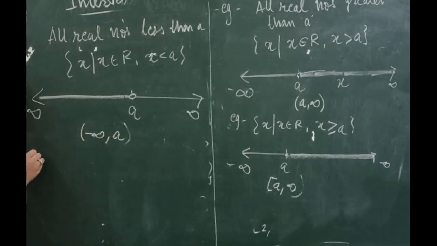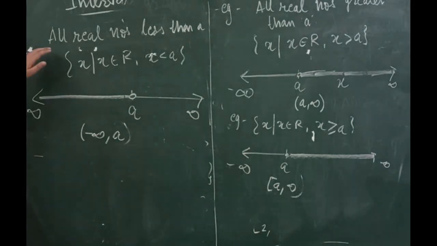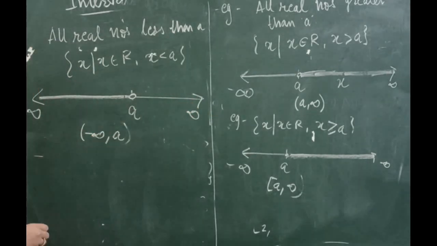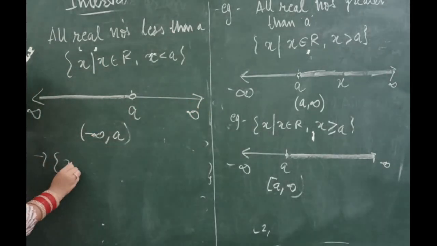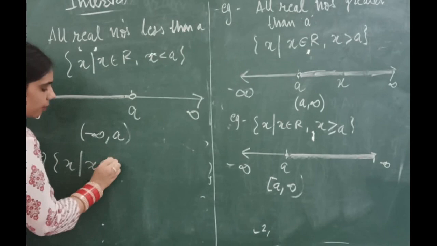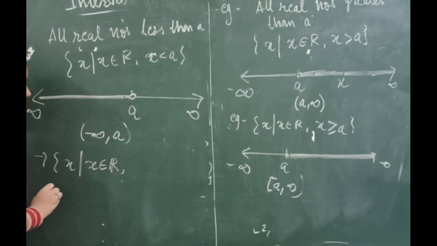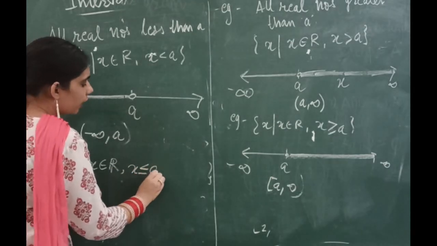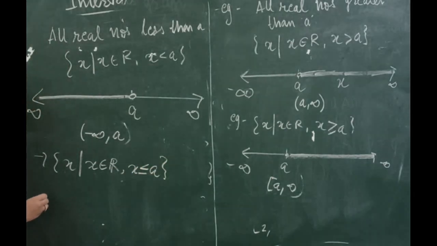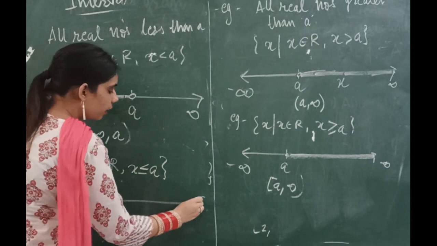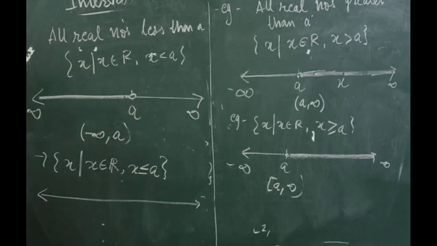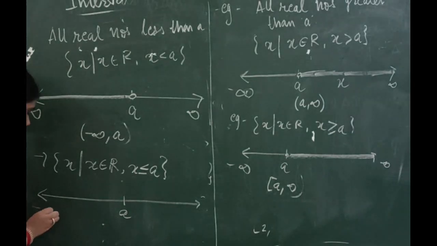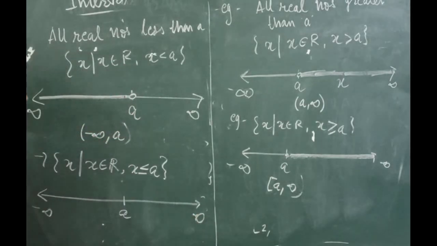And now I am saying all the real numbers less than or equal to A. X such that X belongs to reals and X is less than or equal to A. How will I represent it? I will simply make a line. For example, A exists here, minus infinity exists here, infinity exists here.